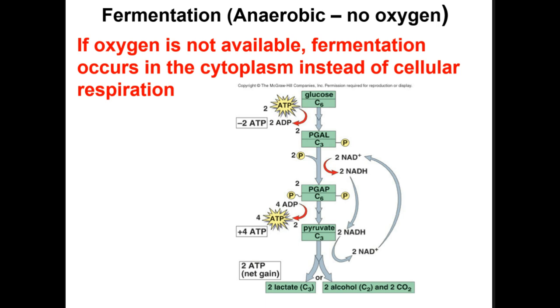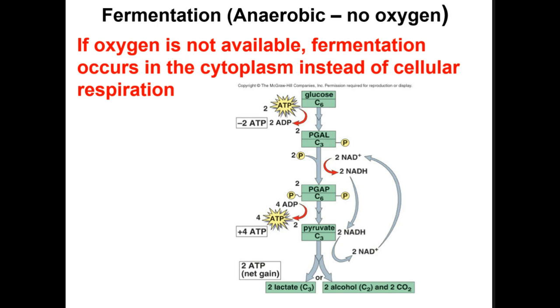So, when there's no oxygen present, glucose can be broken down to pyruvate using glycolysis, which will generate 2 ATP, and then fermentation follows solely in order to regenerate the NAD+ necessary for glycolysis to continue.